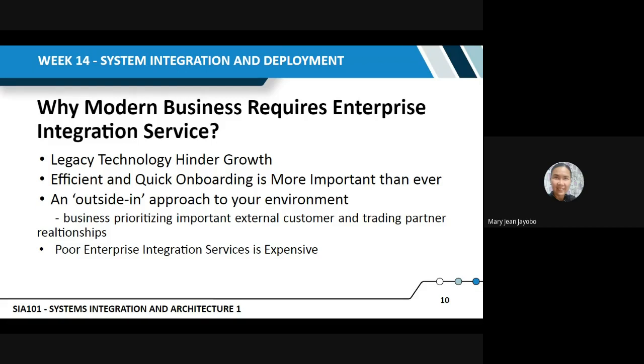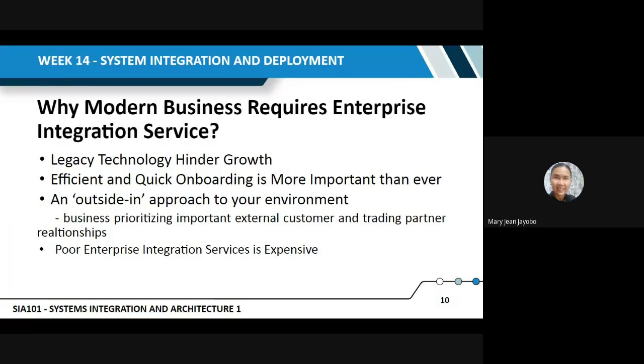So if the software integration does not work at the end, nawawala yung credibility ng company, and yung integrity mo as a service provider na magi-integrate ng service, nasisira.